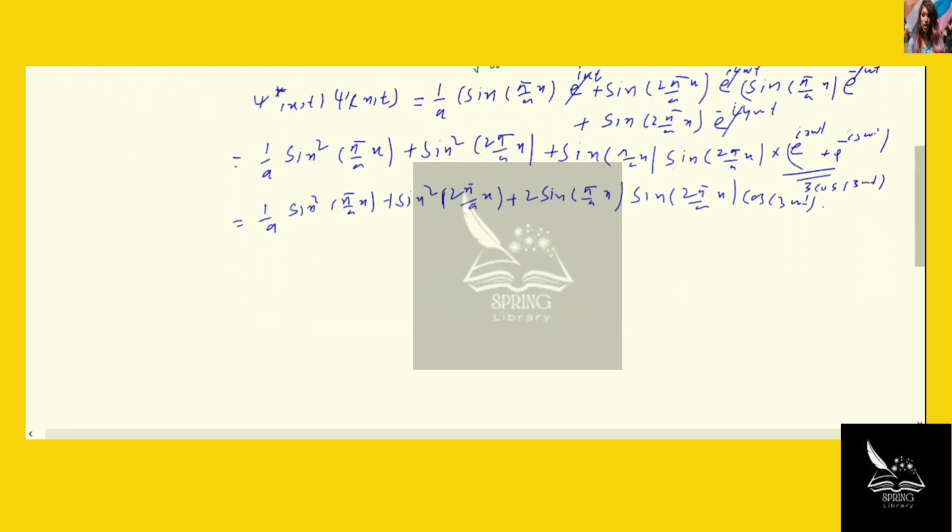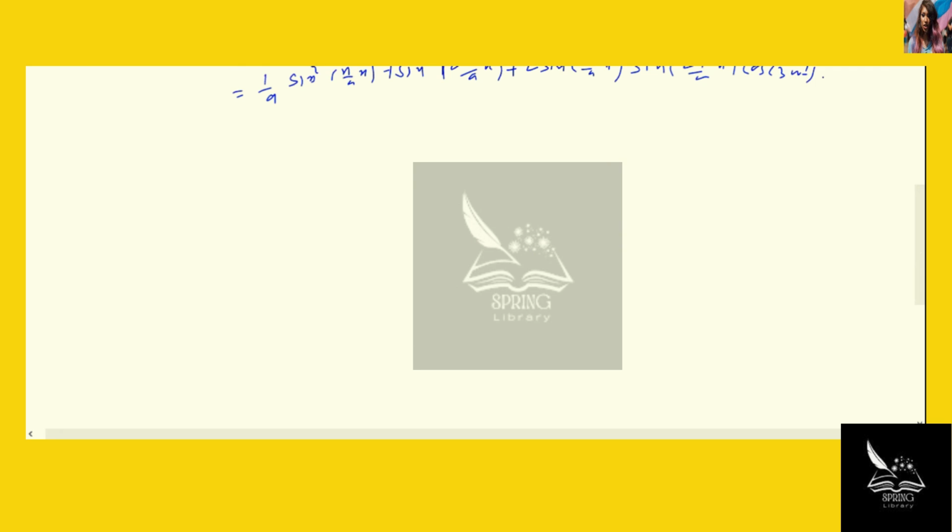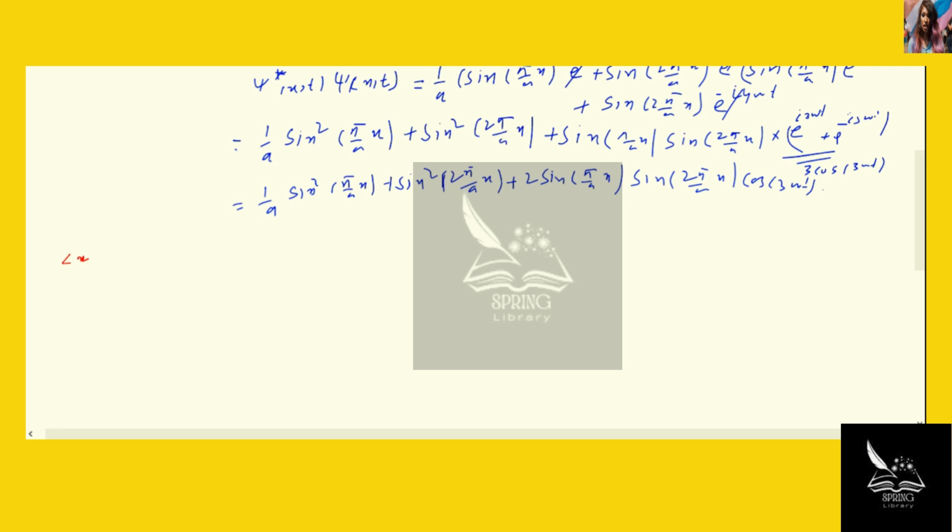So to find out the expectation value of x, we know that the expectation value of x is equal to the integral from 0 to a of x times psi of x squared dx, as we have calculated the value.